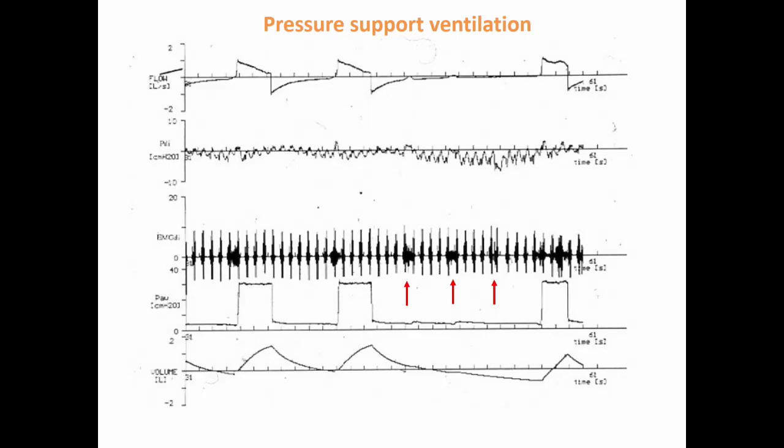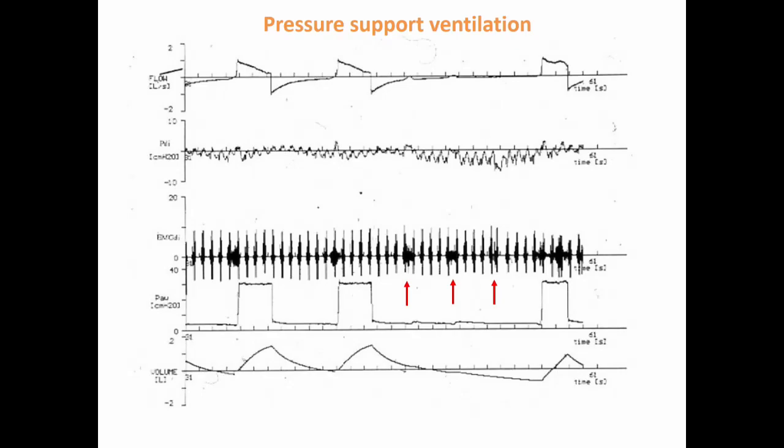This is very, very bad because the patients are continuously trying to go to sleep and are never able to reach a deep sleep. So whenever you see a patient becoming apneic during pressure support ventilation, the main reason is that he's receiving too much ventilation. It's very important because it can really generate major sleep disruption.